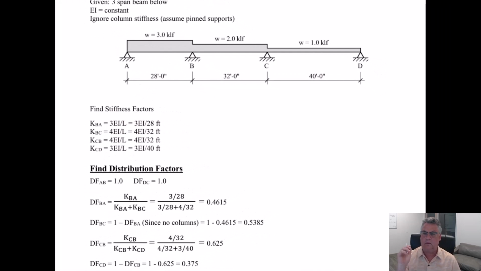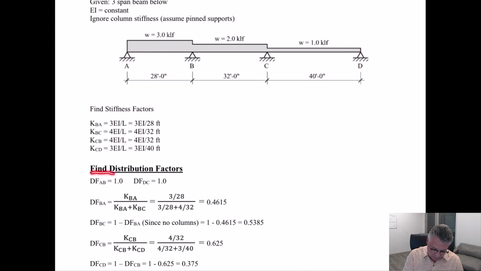So now we're going to look at the distribution factors. Distribution factors, again, are the basic proportion on one side of the beam and the other side of the beam of what unbalanced moment will be distributed to each side. So at A, any unbalanced moment will be 100% distributed back to the beam. Any unbalanced moment at D, 100% will go back here.